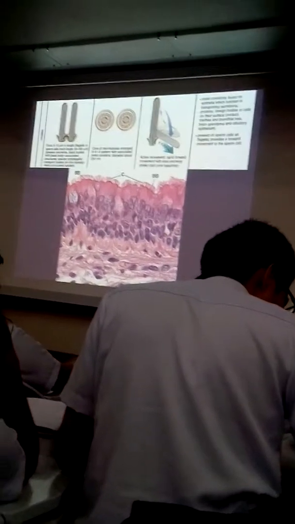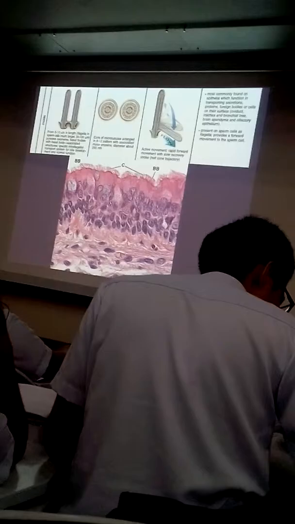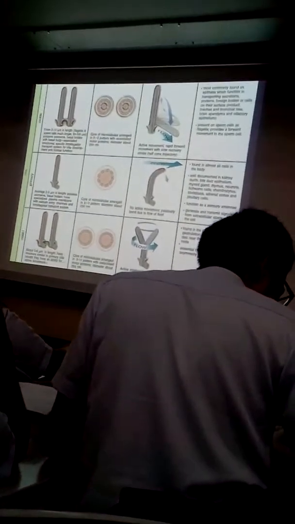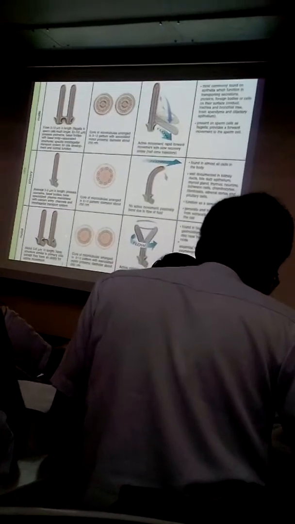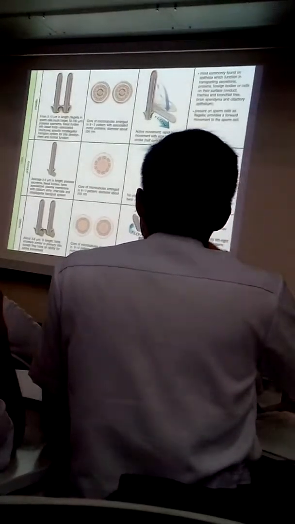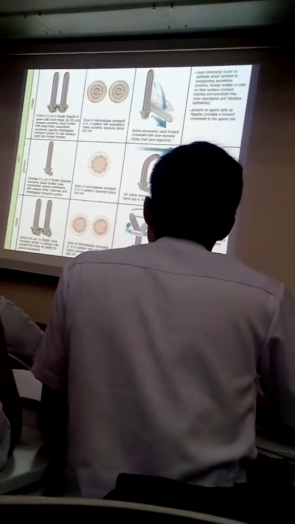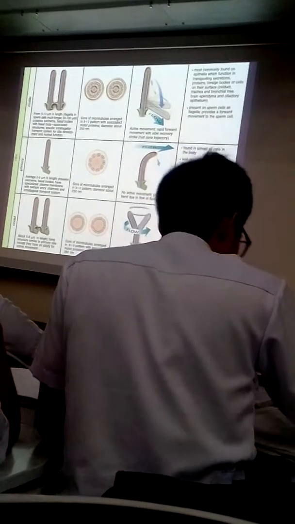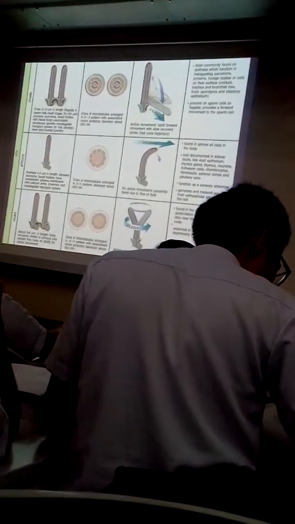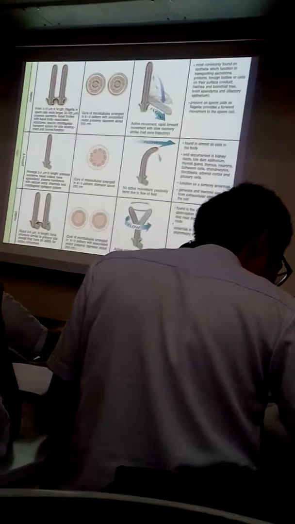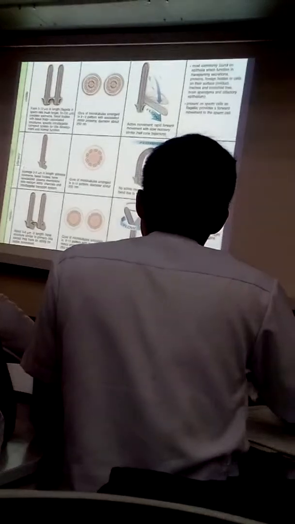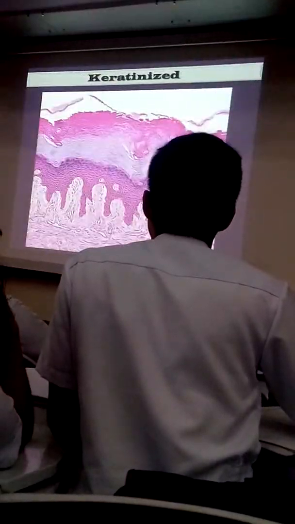So you can see the 9+2 pattern. Remember, 9+2, versus 9+0. What is the 0? There are no microtubules in the middle. Unlike the motile cilia, where you have this central pair.